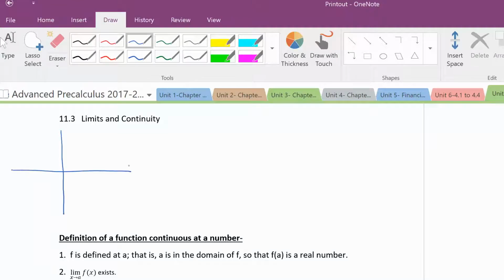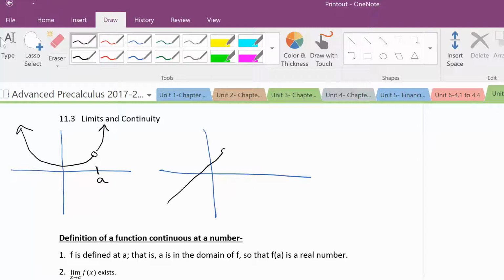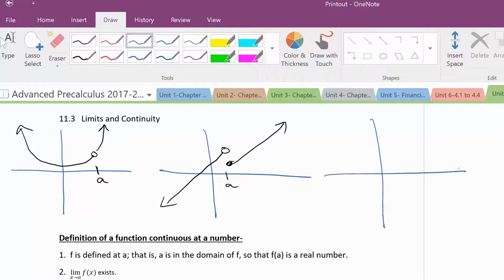If you look at these graphs here, like this one, notice at point A. Then if we look at the next one, at point A for x, and then we look at the third one at point A for x.